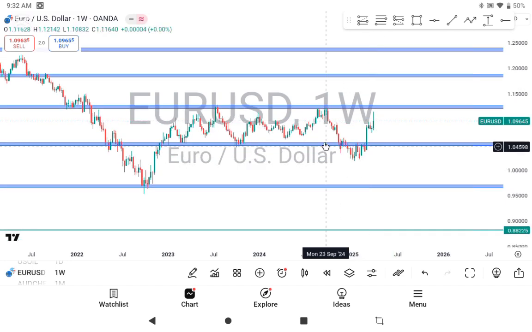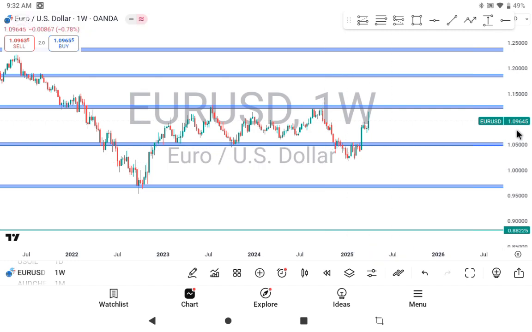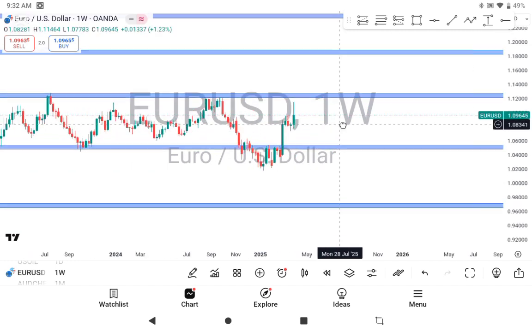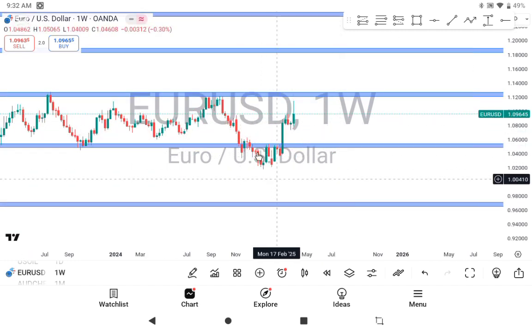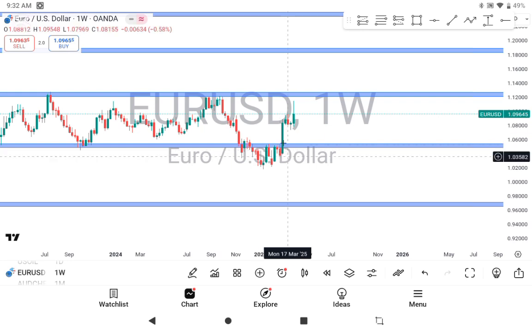Traders thought that Euro USD had broken out of the range, and I would expect Euro USD to start pushing lower, but that did not happen. Euro USD deceived traders, formed a trend reversal right here and pushed back in again.